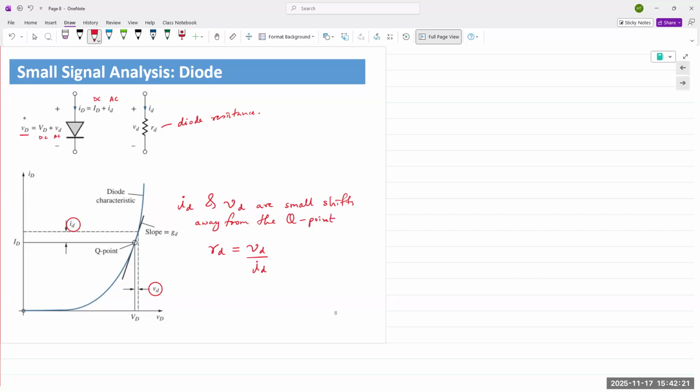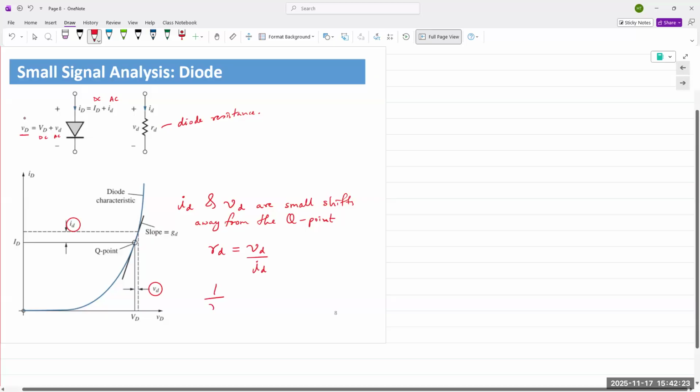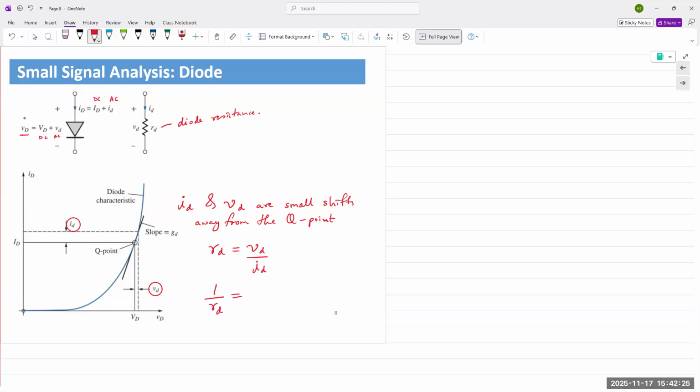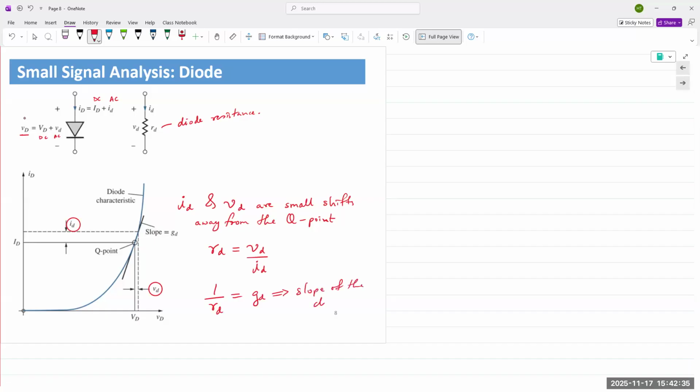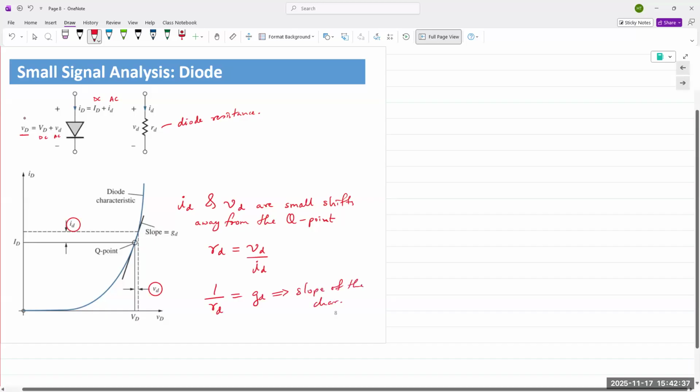And 1 over RD gives us GD, which is, of course, the slope of the characteristics.